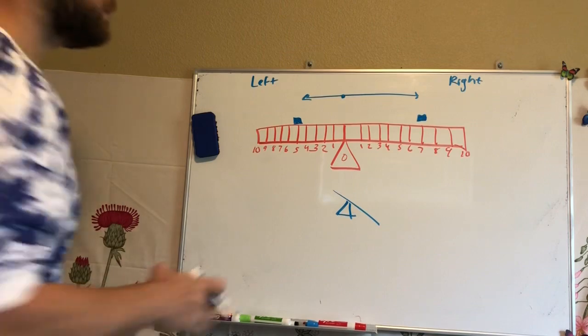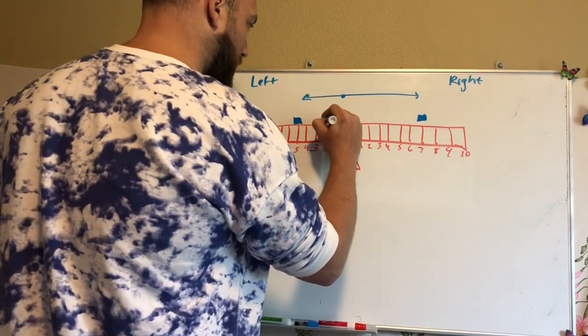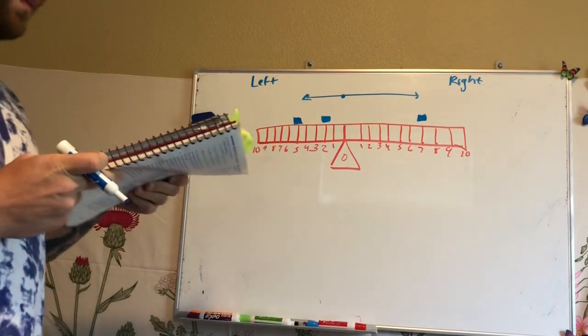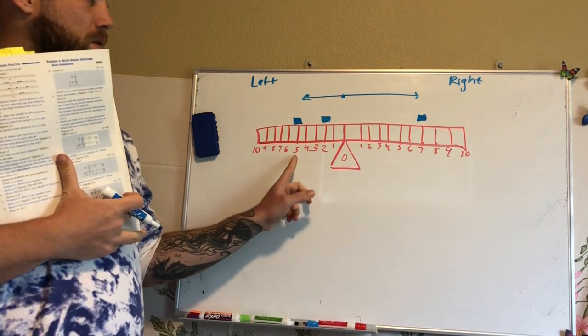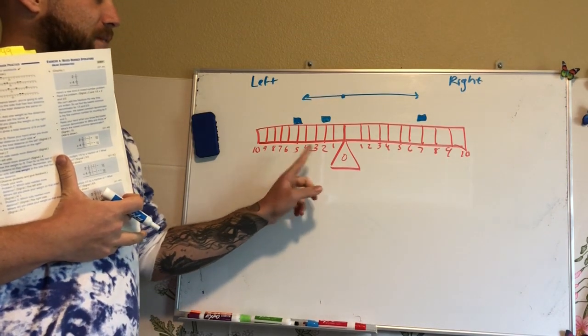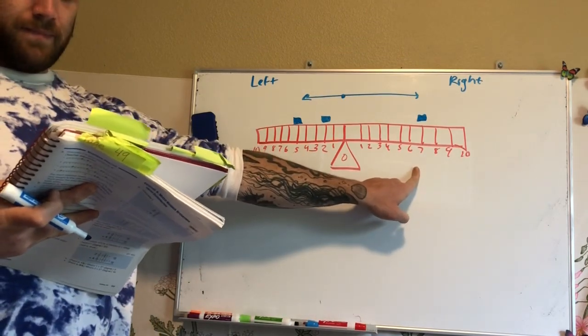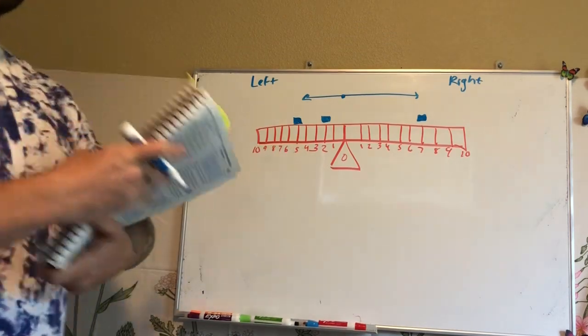Now, I'm going to add a weight. I'm going to put a weight on 2. So, how much distance did I add on this side? I added 2 more on this side. So I have a 5 and a 2. And here I still only have a 7. So if I add 2 to this, what do I have on the left side now?